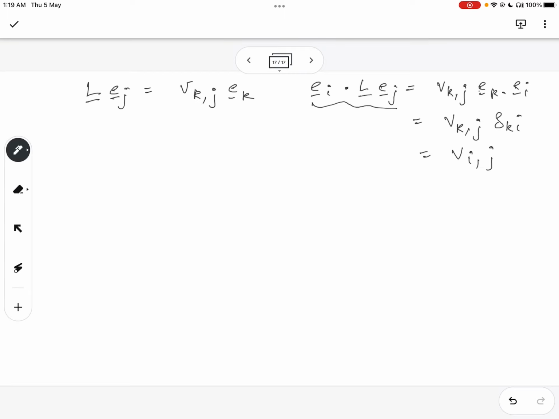What is this quantity? As we had seen in our lectures on tensor algebra, this is nothing but the components of L with respect to the ei dyadic ej basis. Therefore, Lij is vi comma j, and L, the gradient of v, is equal to vi comma j ei dyadic ej.